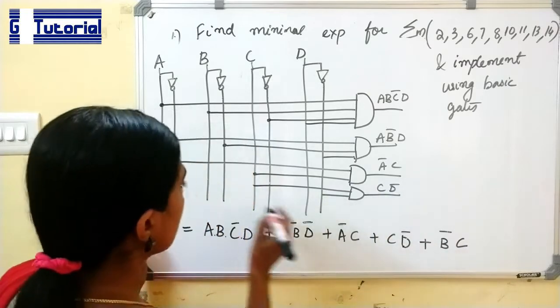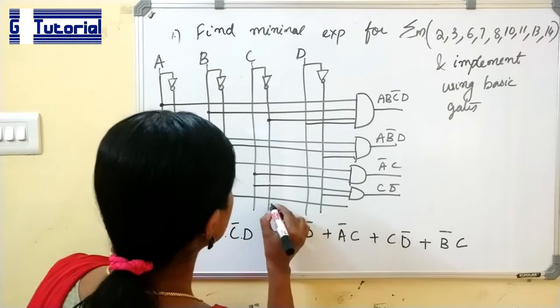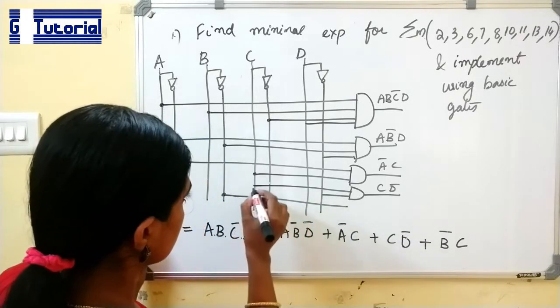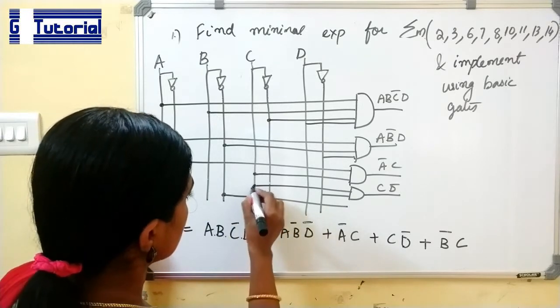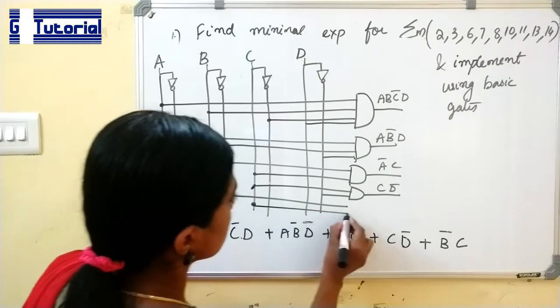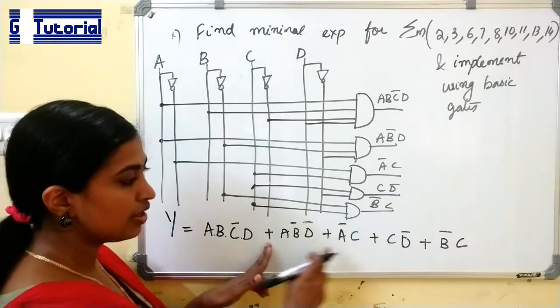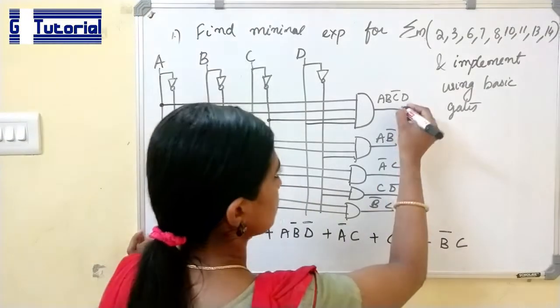Next one is B bar and C. B bar C. And finally we are taking OR operation of each of these outputs.